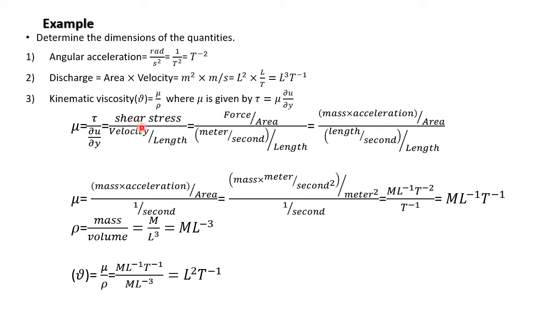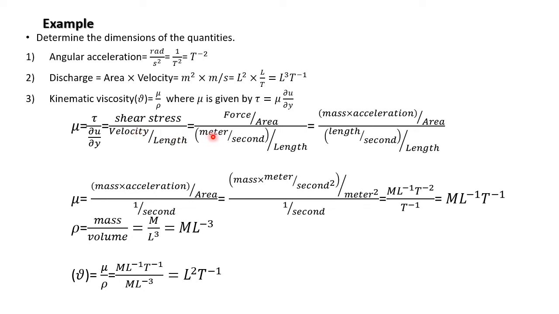Now I need to simplify this till I get the 7 primary dimensions. Shear stress is equal to force by area. What is force? Force is mass into acceleration. Now in the denominator it is velocity per length. What is velocity?